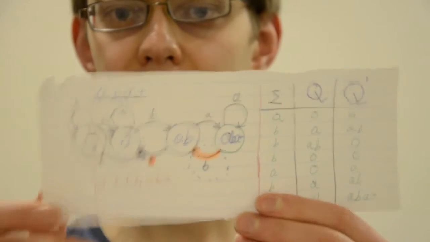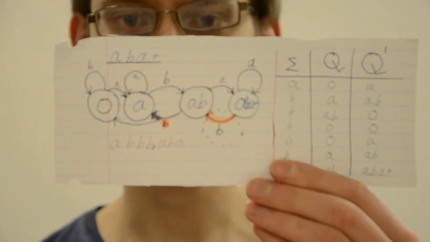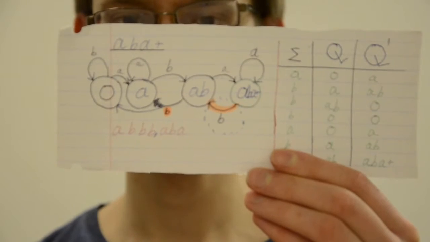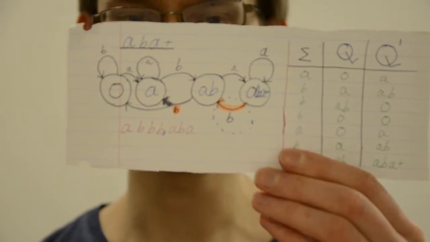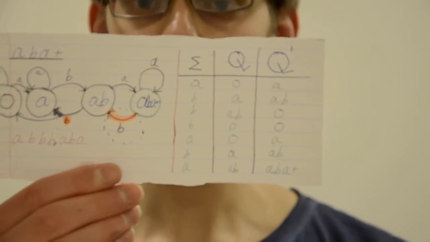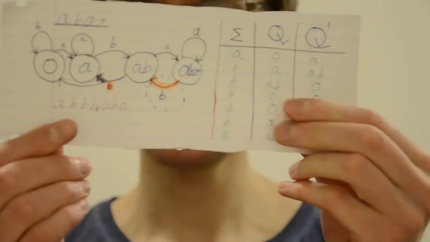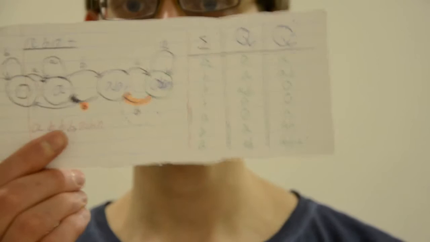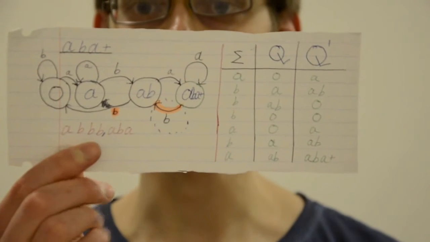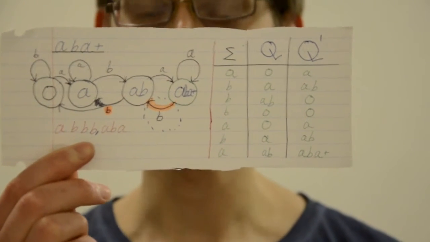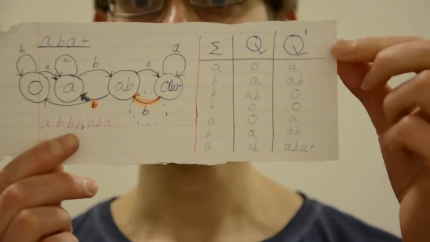A simple example of a finite deterministic automata that will match A, B, A plus. And as you can see, here is the language that I'm submitting to it, and it will accept this language.